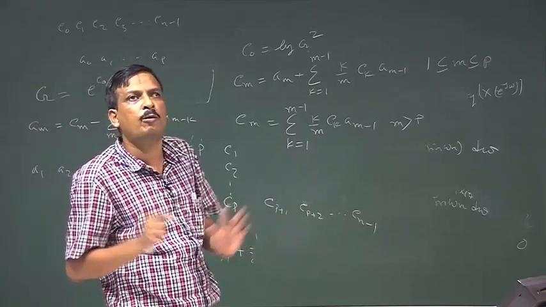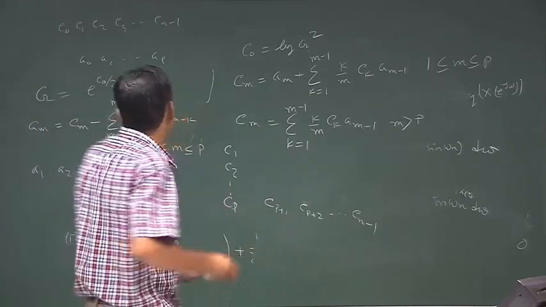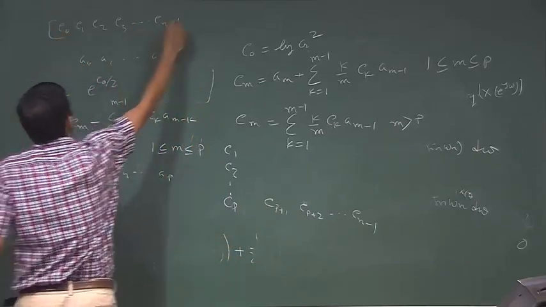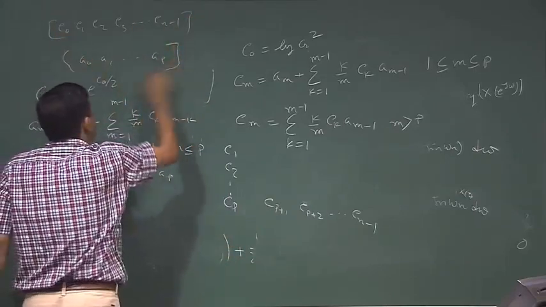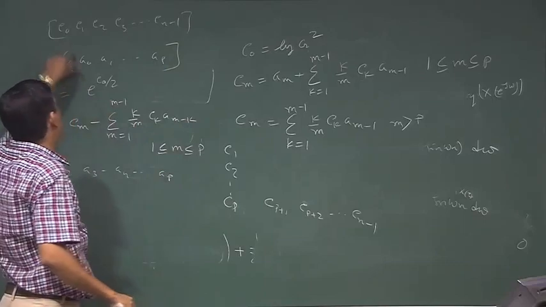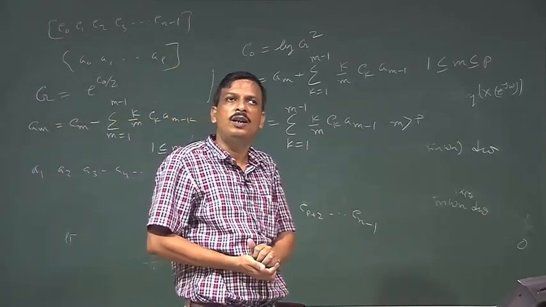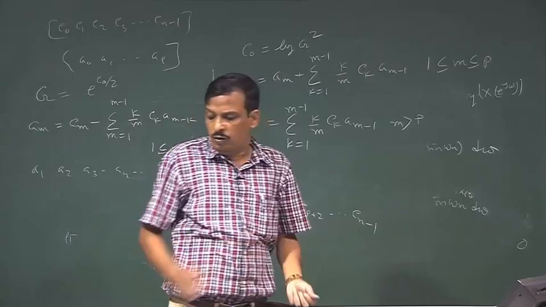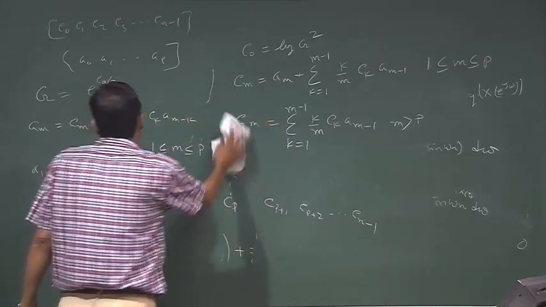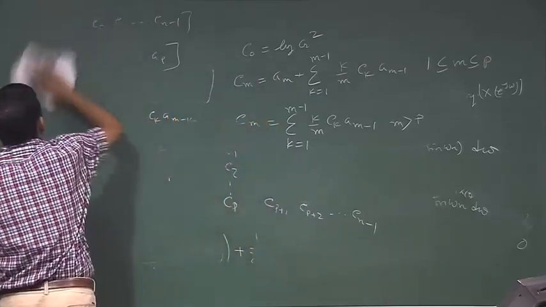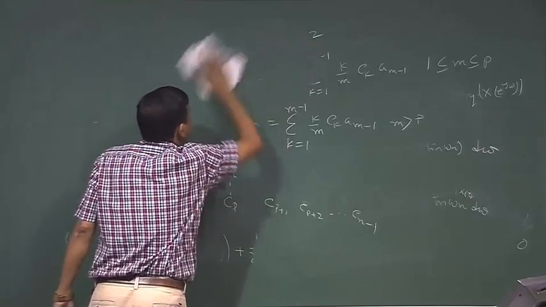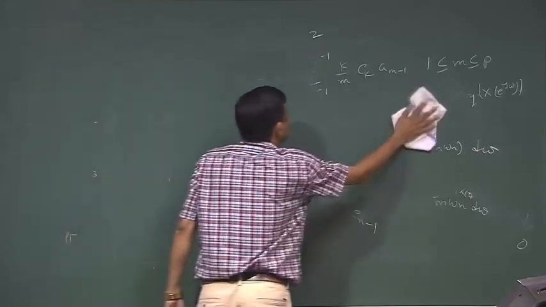So, all are speech parameters. The Cepstral is a speech parameter, LPC coefficient is a speech parameter, and LPC to Cepstral, Cepstral to LPC conversion is possible. Okay. Now, we go for the next topic, which is called MFCC parameter, Mel frequency Cepstral coefficient.